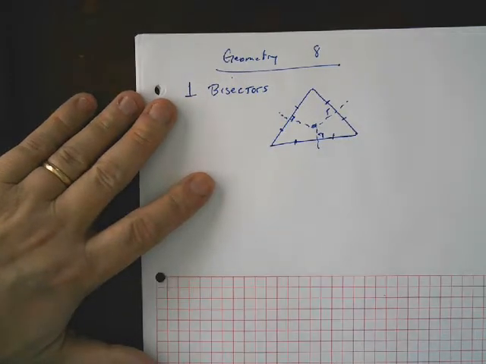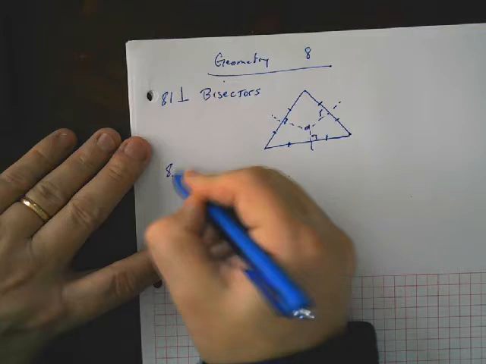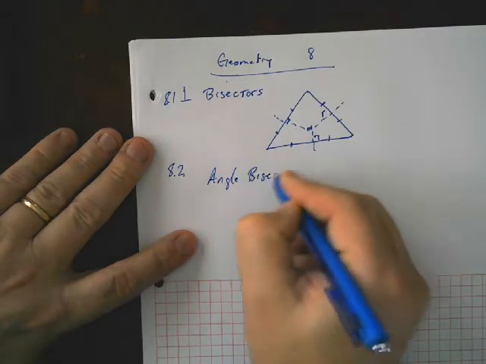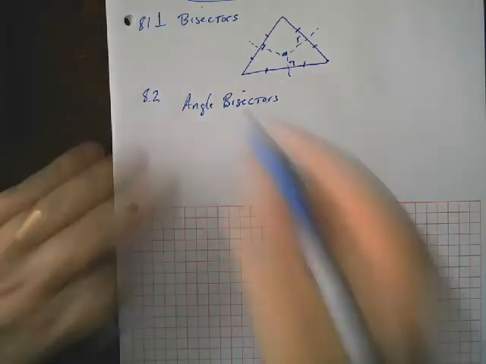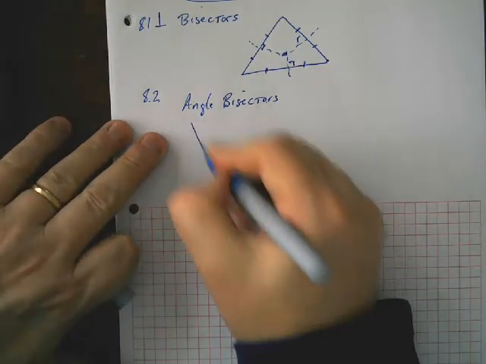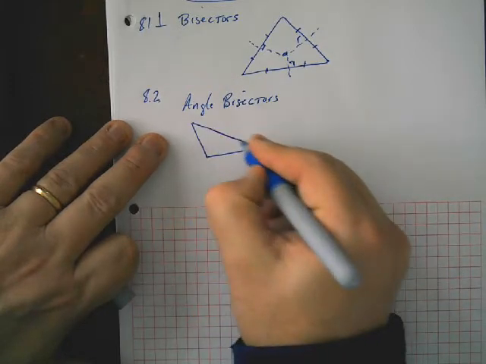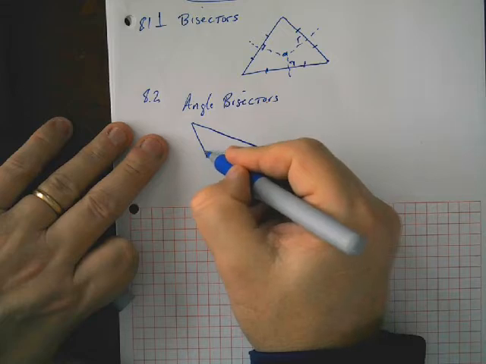Okay. That was 8-1. 8-2 is going to talk about angle bisectors. If we look at two cases with angle bisectors, I think you all know what an angle bisector is. It takes each angle. Let's look at an obtuse triangle. It takes each angle and it bisects them.